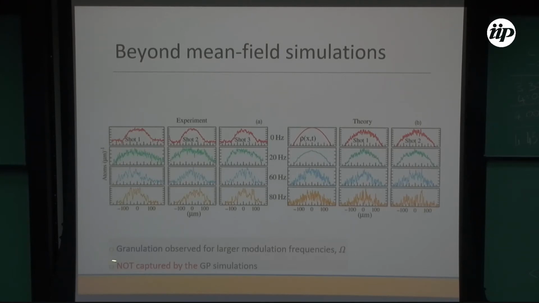And then we started really calling these results granulation. So we decided to use one of the definitions we find in the literature for that, which basically has to do with this random size and random distances between these blobs of condensate. And so far that was the only theoretical framework that could recover that for this particular experiment.